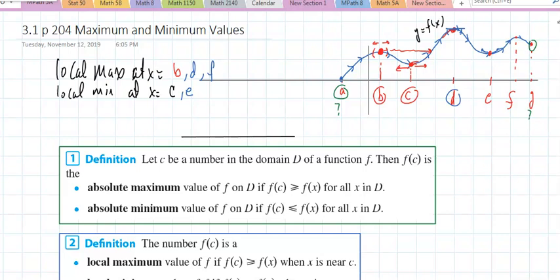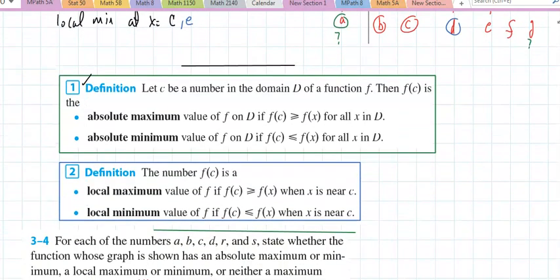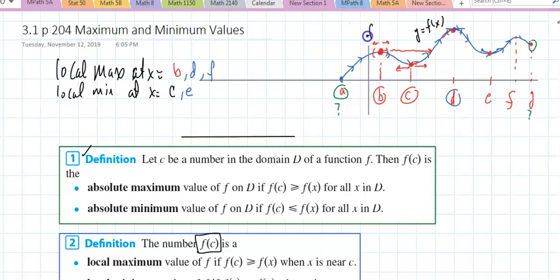So if I look at this definition right there, definition 1, I'm sorry, definition 2. I'm going to get to A1 in a minute. It says, the number f of c. In our case here, f of b is the local maximum. F of c is the local minimum.